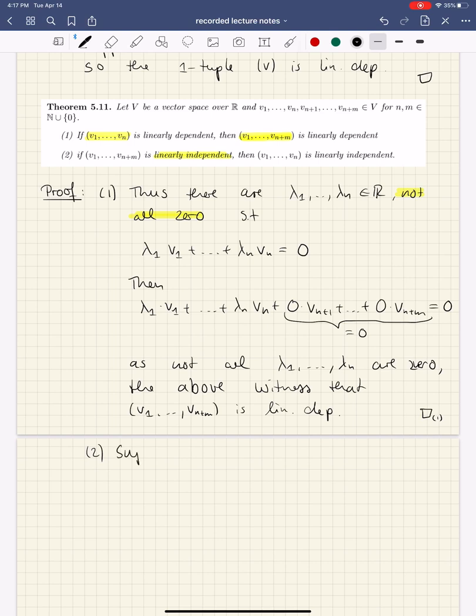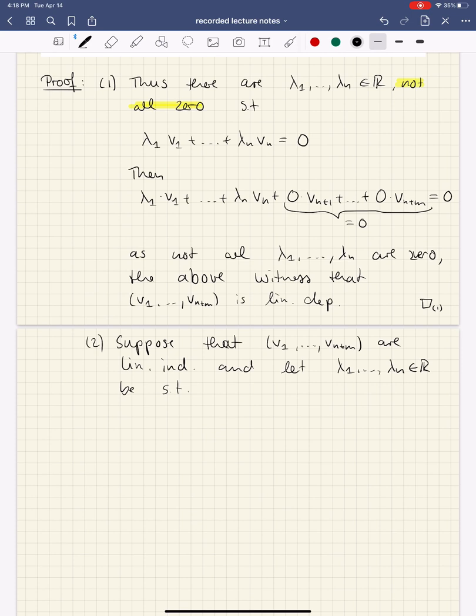Now suppose that V1 through Vn plus m are linearly independent, and let lambda 1 through lambda n in R be such that lambda 1 V1 all the way up to lambda n Vn is equal to 0. So we're setting this up.